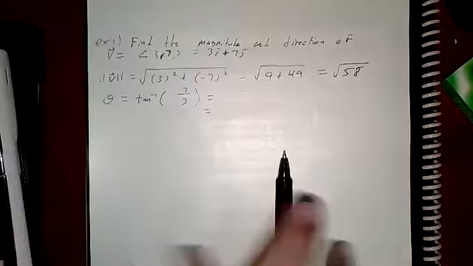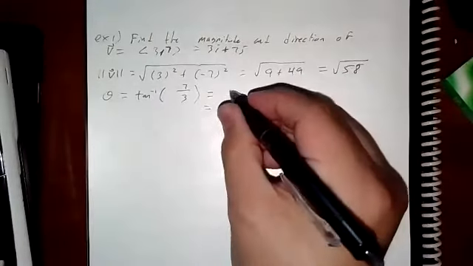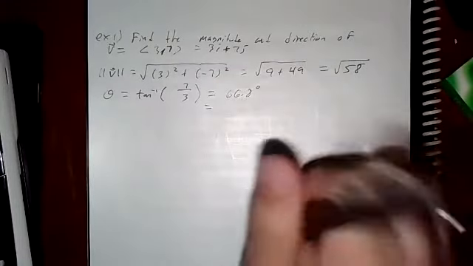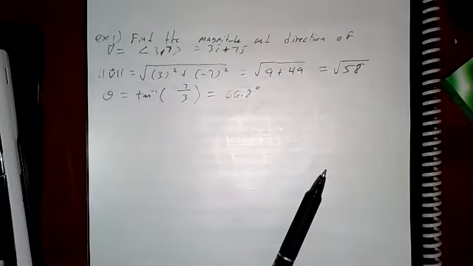It turns out to be 66.8 positive, which is cool. Yeah, Jess, we should keep it in the positive. But it's not a huge deal, because it's going to be in the same quadrant no matter what. But positive is better.